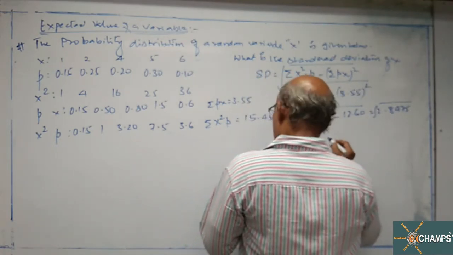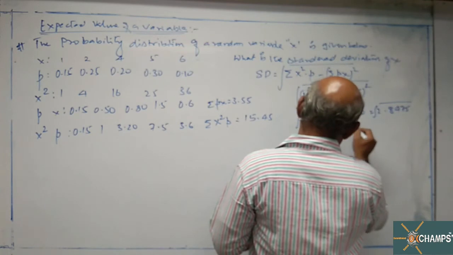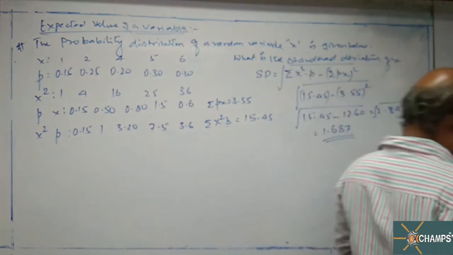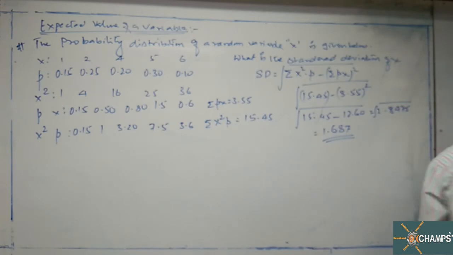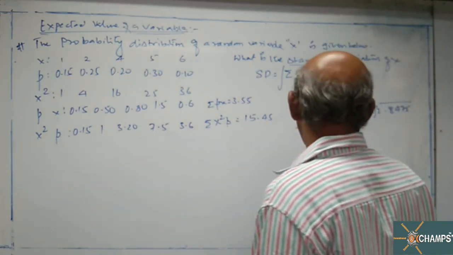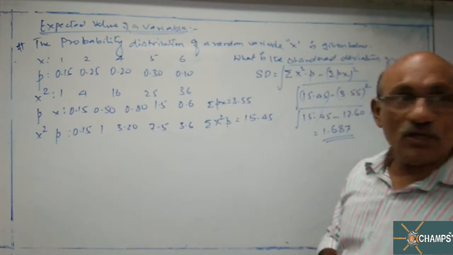This is 1.687. Standard deviation is 1.687. Okay, sir. Note down the solution.